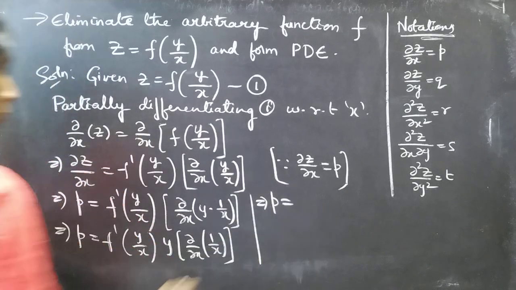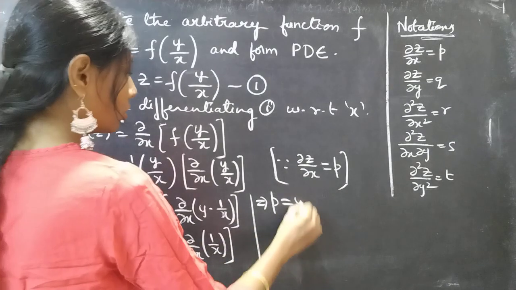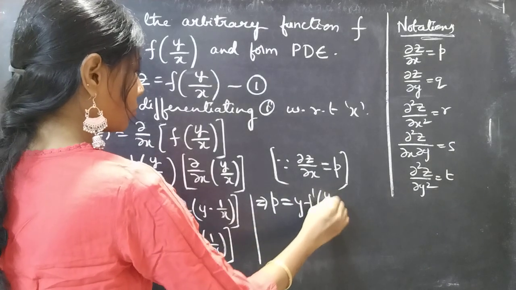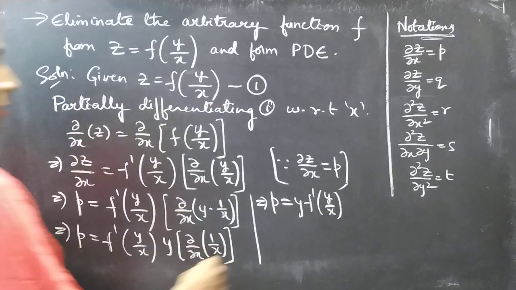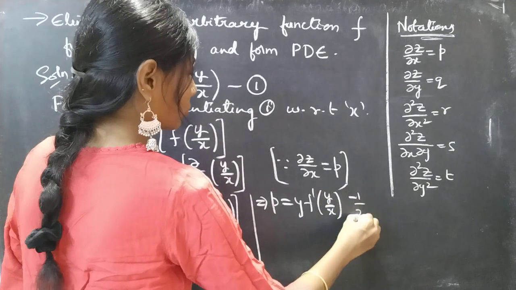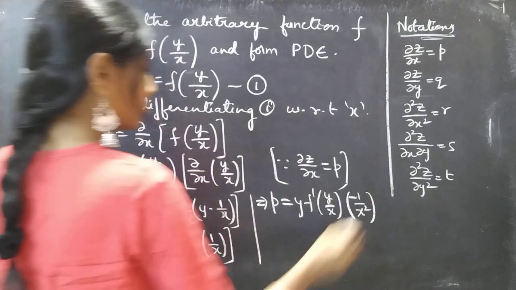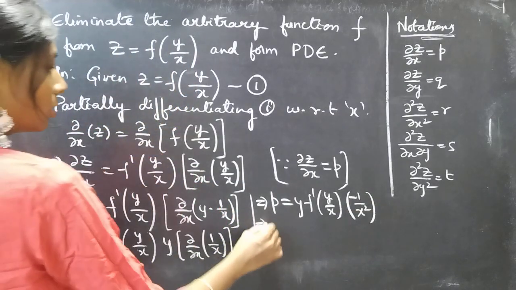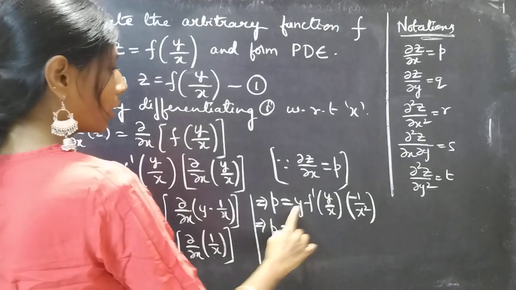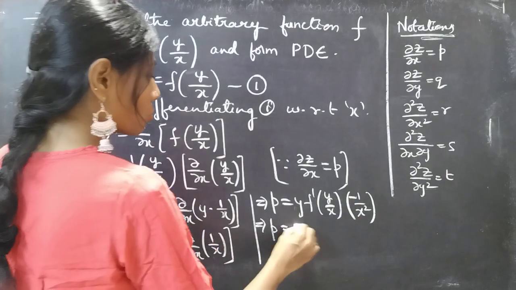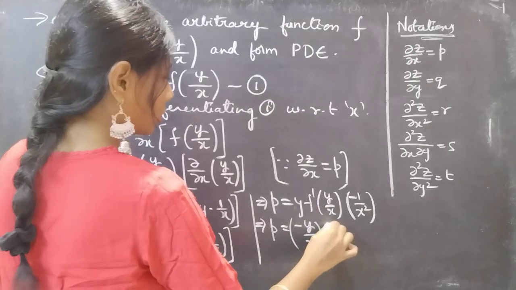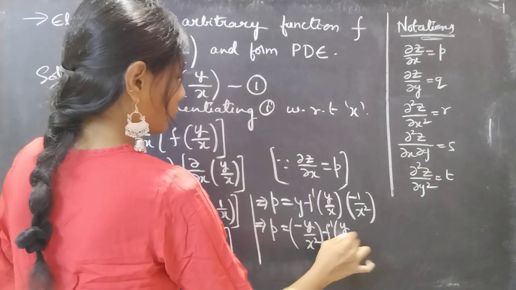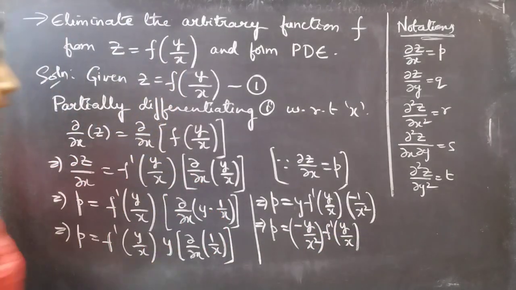We'll get p equal to y into f dash of y by x into the partial derivative of 1 by x with respect to x, which is minus 1 by x square. This gives us p equal to y into minus 1 by x square, which is minus y by x square into f dash of y by x.